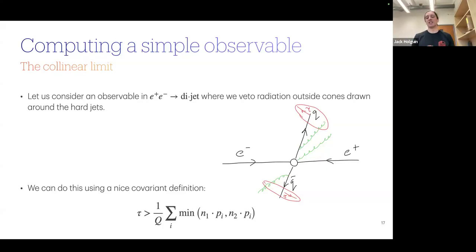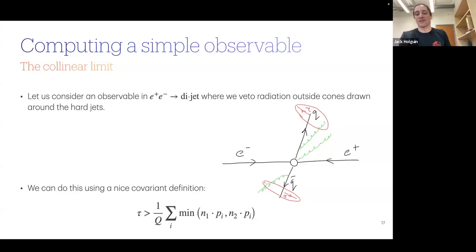And let's think of the simplest observable we could consider, which is, for instance, something like we draw a cone around the jets and we veto any events with too much radiation outside of that cone, and the cone diameter is tau. The Lorentz covariant definition for doing this is something like I've written down at the bottom here. So we're requiring that any event we're interested in has the following equation less than or equal to some fixed value of tau.